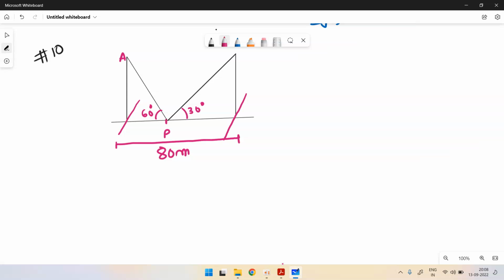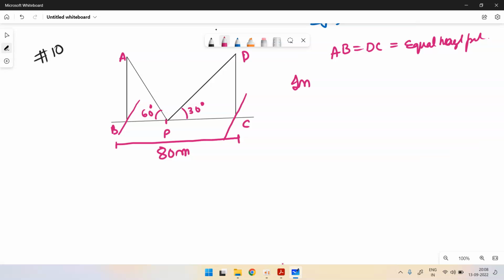Let us suppose this is AB and this is DC. Now it is given in the question that AB equals DC, because these are equal height poles. So you can take any triangle.